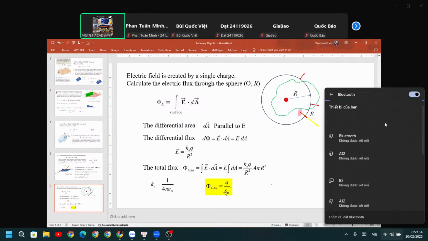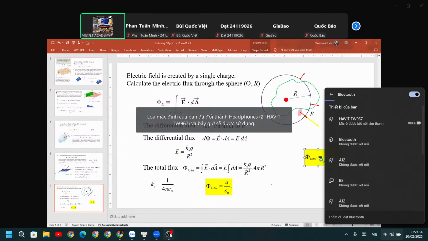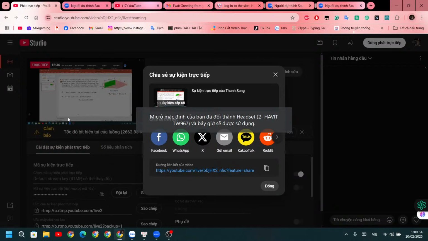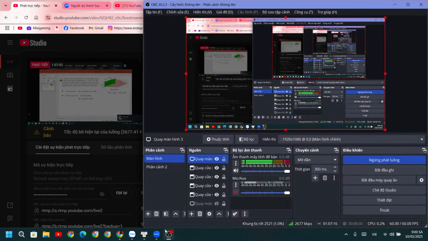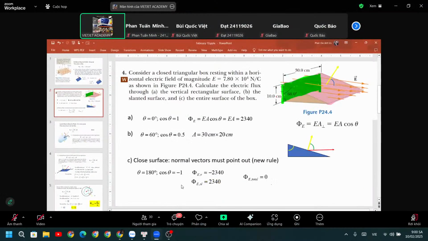Right? In general, you can take the Q inside. Here, in stands for inside. It's a very important law in electricity.